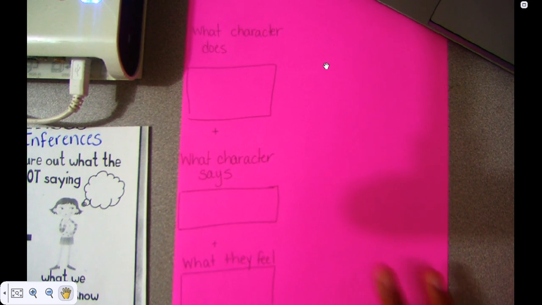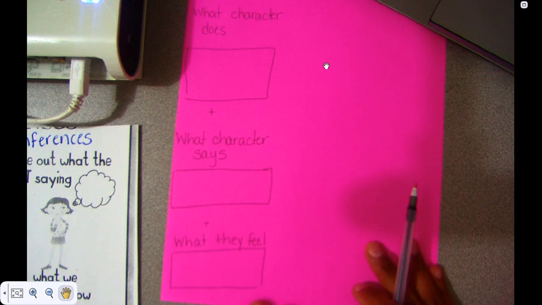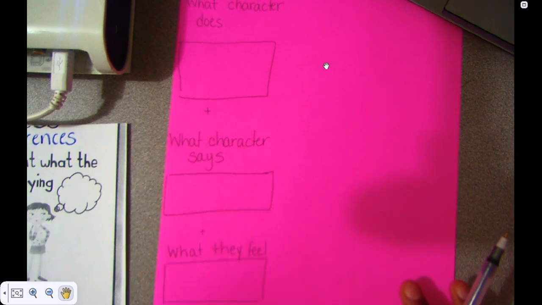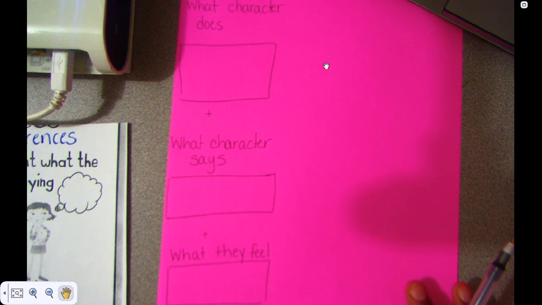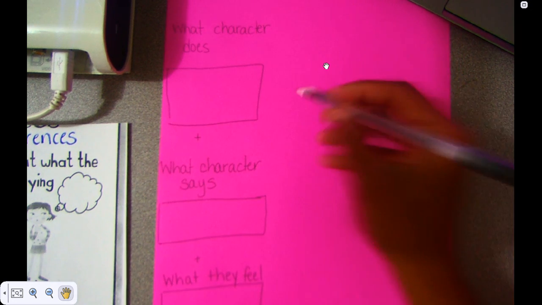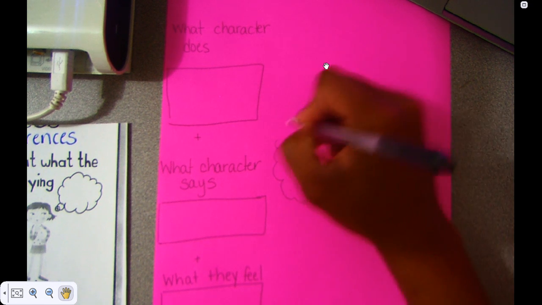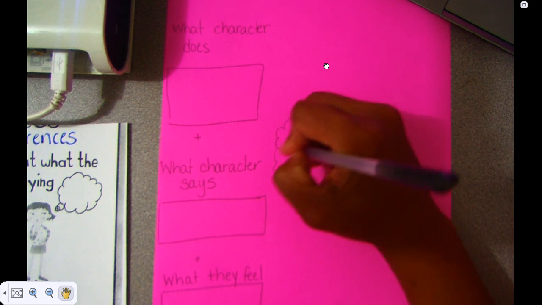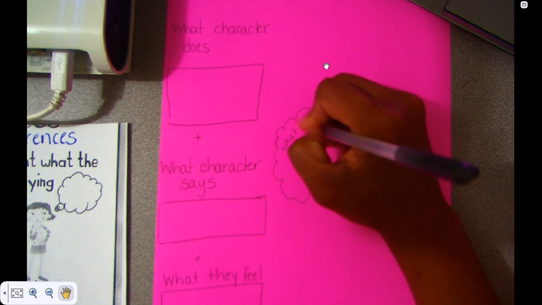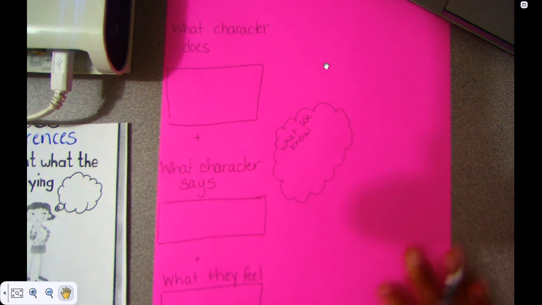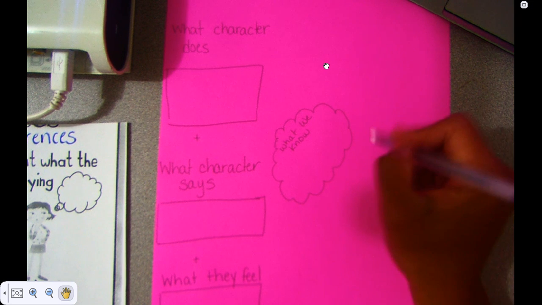Let me back up a little. So my organizer has what the character does, what the character says, what they feel, and then I put a little bubble for what we know. So we'll take these clues and write a little note about what we're thinking about all of it from our own experiences.